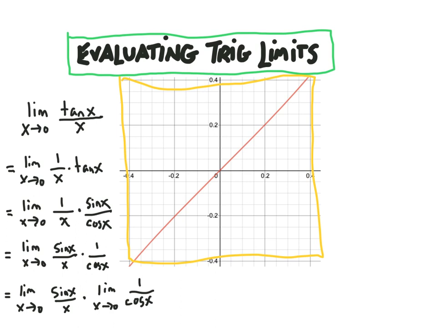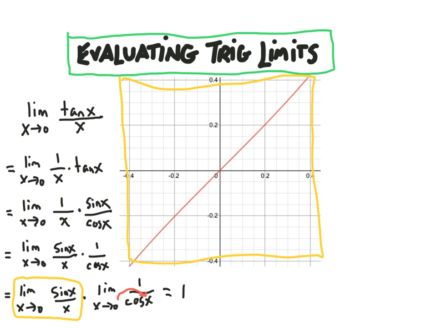And at this stage, what I can see is that I have the limit as x goes to 0 of sine x over x, which we proved using the sandwich theorem, is equal to 1. And I have another limit as x goes to 0 of 1 over cosine of x that can be found via substitution. When I substitute 0, cosine of 0 is 1, and 1 divided by 1 is equal to 1. And so, this limit is equal to 1, just like sine of x over x.